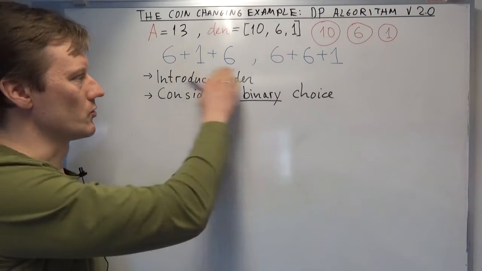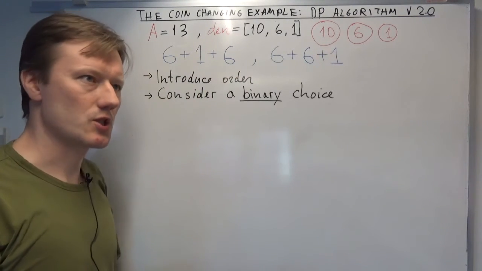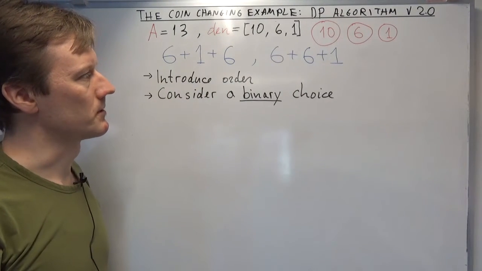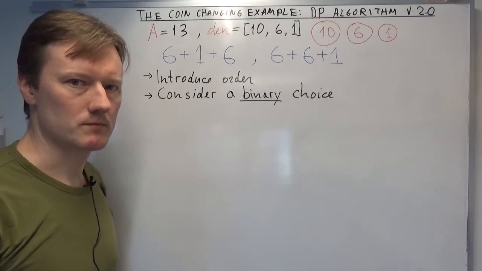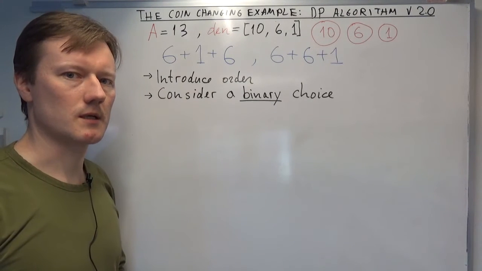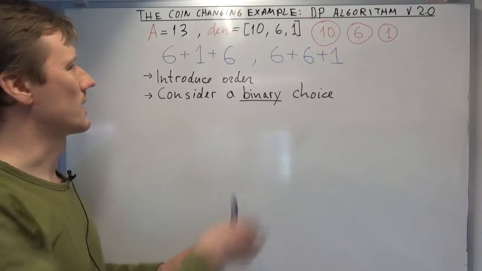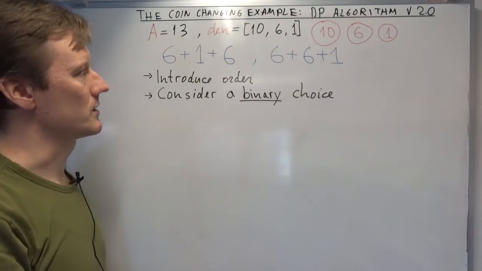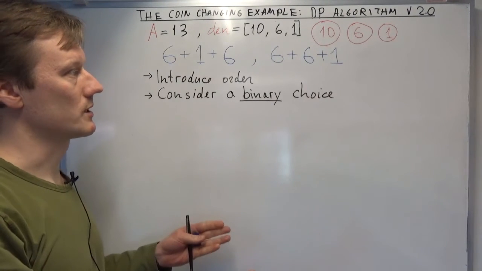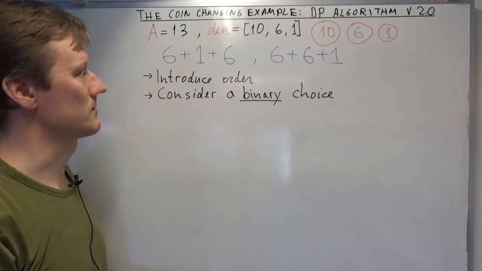So you can check, as an exercise, which order the previous algorithm will output, the way we coded it in the previous video. But depending on how you program, it can output any of these orders, because in each step it considers which coin to take next, and this can be any of the available coins.